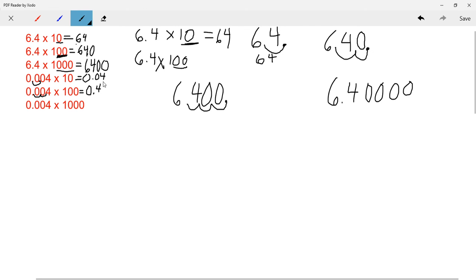So this would be 4/100, and this would be 4/10. Now I'm going to move it 3 times because there are 3 zeros here. 1, 2, 3. And so that would equal 4.